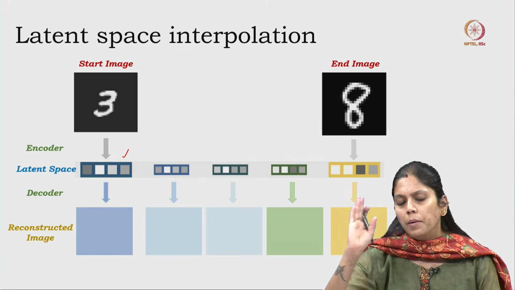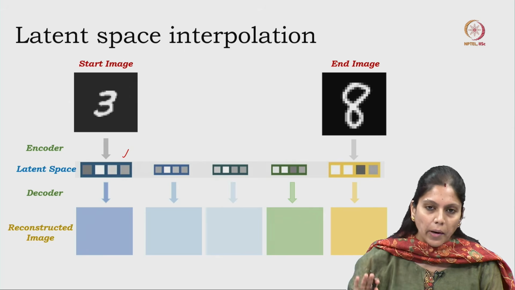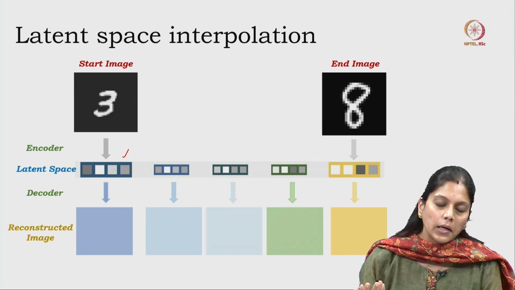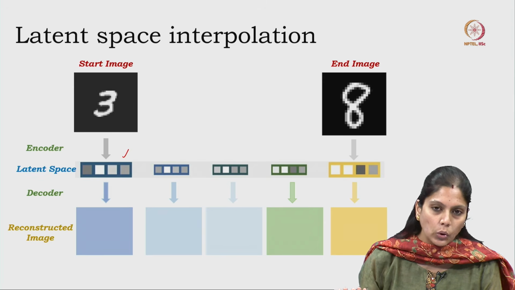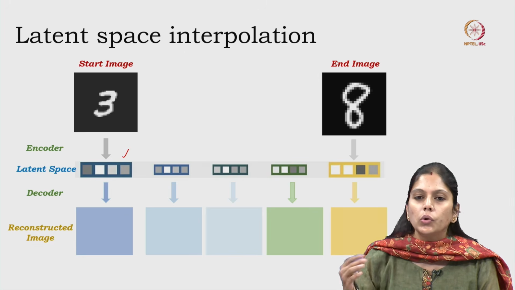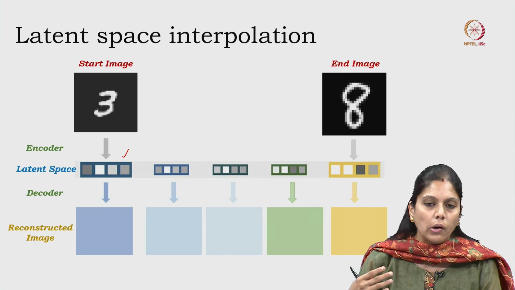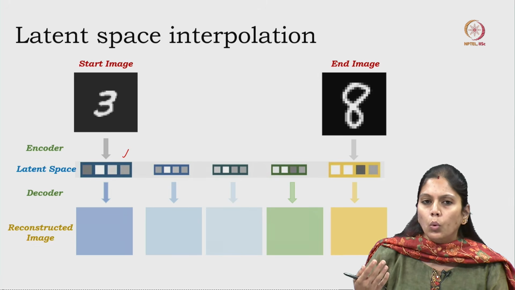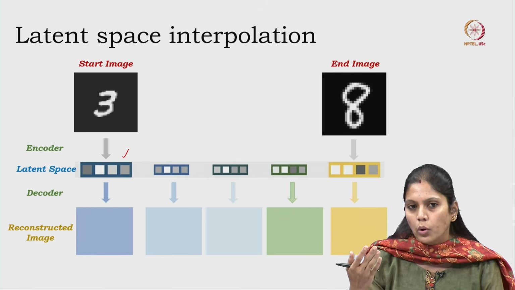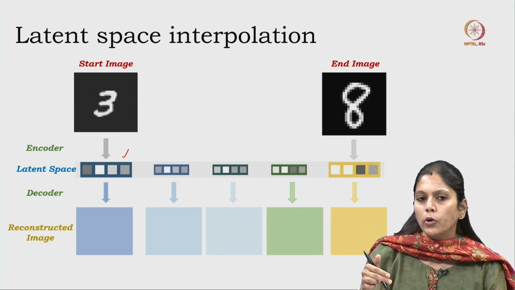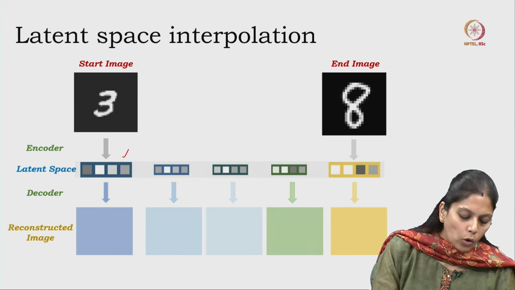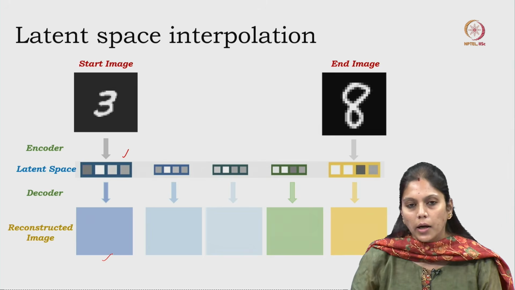So, the input is passed to an encoder and we obtain the latent space. Once you get the latent space, what do we pass that latent space to? A decoder. What is the role of a decoder? The decoder has to generate the data back, or reconstruct the data. So, when you have passed this latent space to a decoder, let us assume that we obtained this as a reconstructed image.